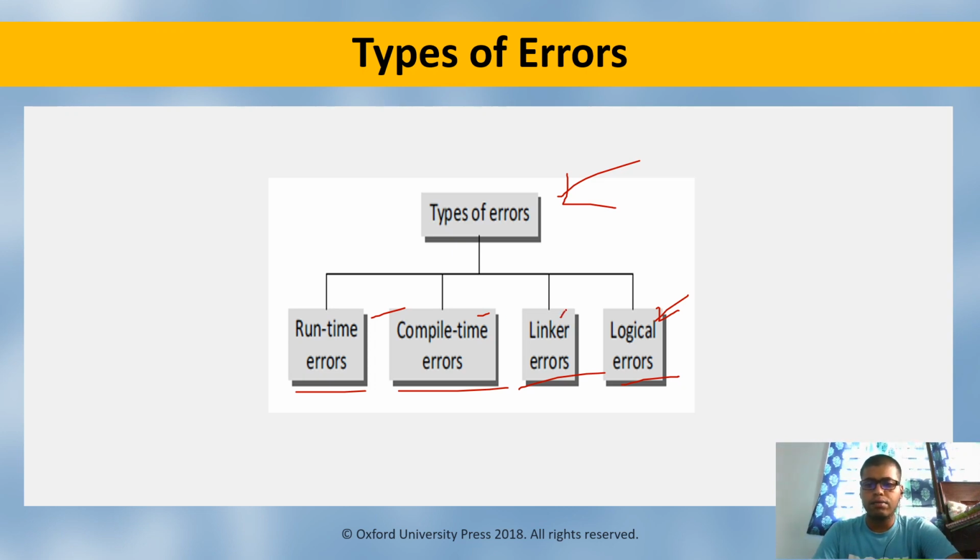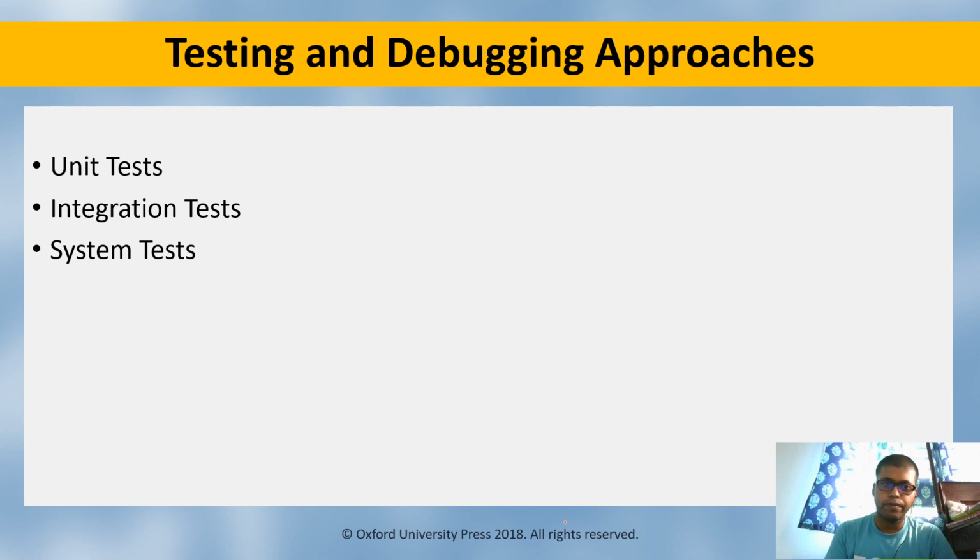A linker error means an error in the linking of different programs. The linker error is for any large amount of work, whenever there is a huge length of programming.